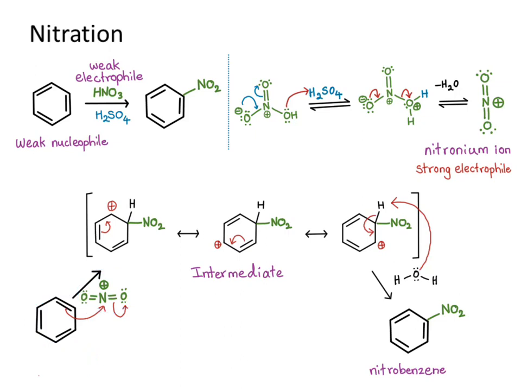Now, the variation of this is, what if you have a substituent on the benzene? If you start from a substituted benzene, you may have some selectivity, some regioselectivity. Let's look at that in the next slide. Okay, here's the methyl benzoate, right?